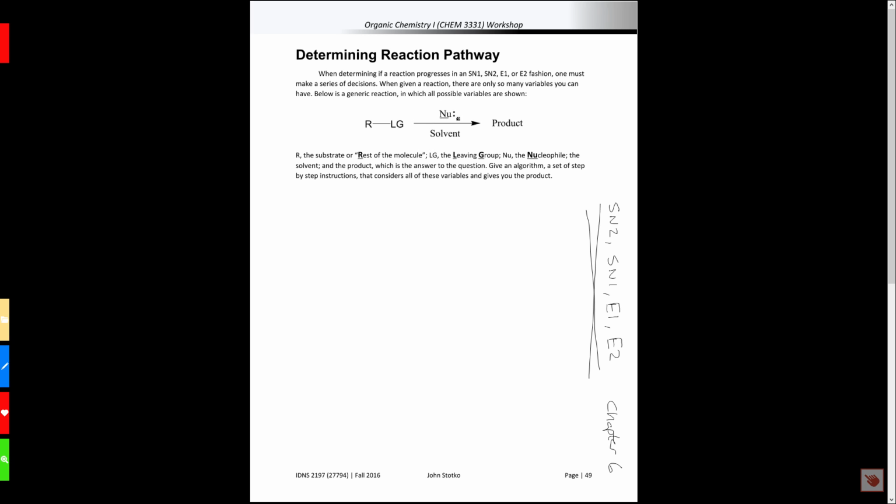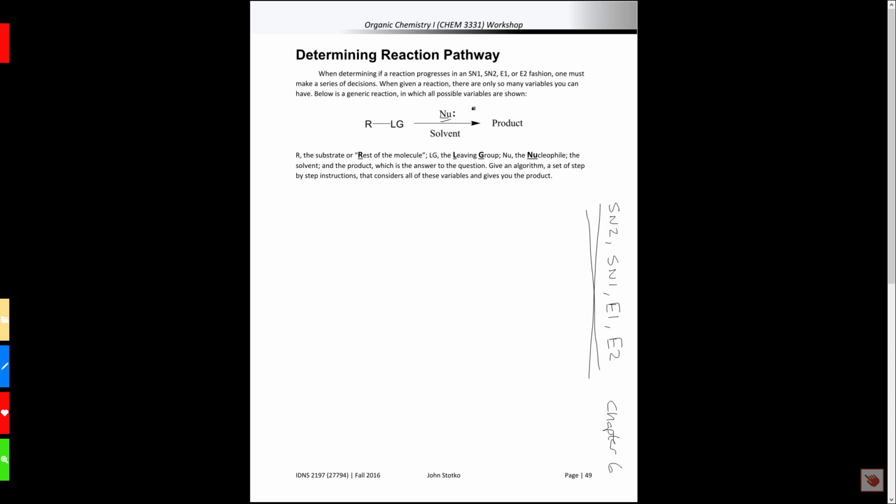In doing this, you have to decide whether the mechanism for this pathway is going to follow the SN2 route, the SN1 route, the E1, or the E2 route. For the most part, this can be done rather automatically.